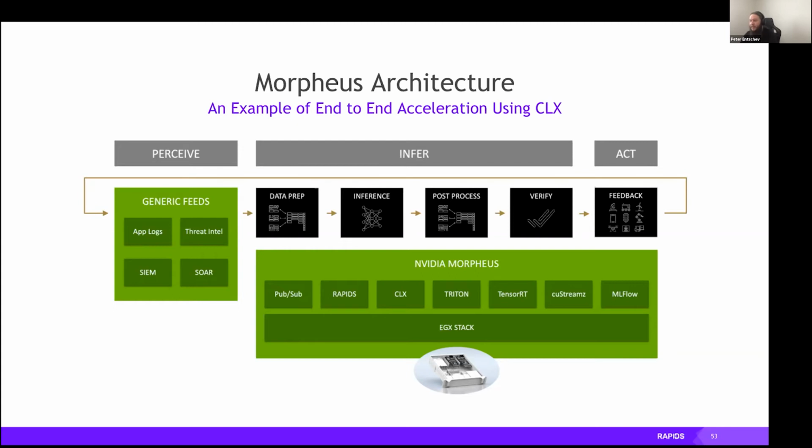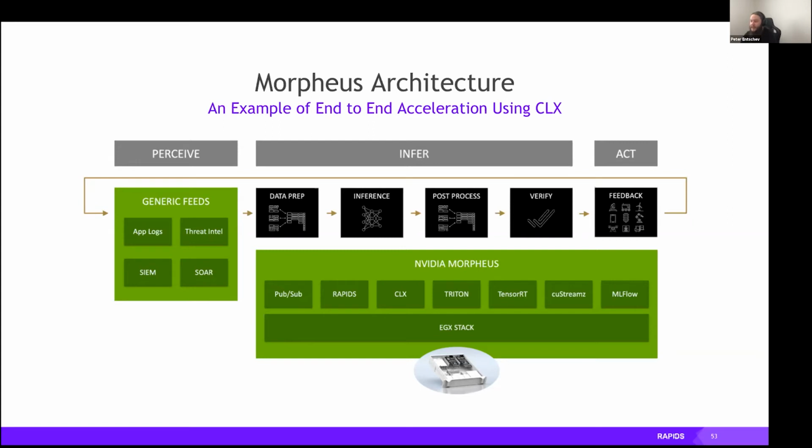And then we follow to the post-processing step that produces metadata with Rapids and CLX. And we go to the verify step. This is typically an optional step, but if you include that, it would generally have any routines to help verify or instill additional confidence in the output of your model.